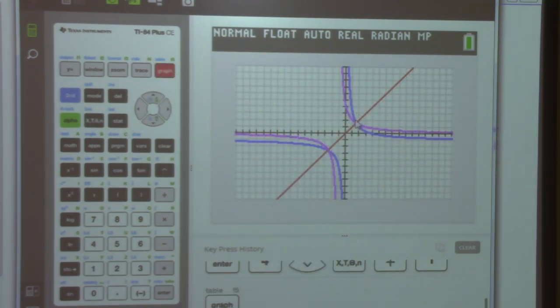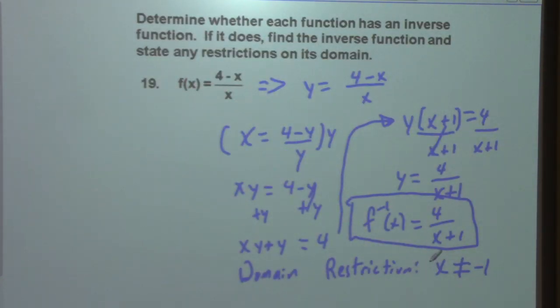Okay, do you see that? Do you see how the magenta one and the blue one are reflections? Yeah, so that's a test of the inverse function. So there we are.